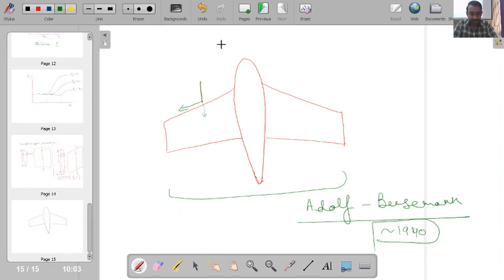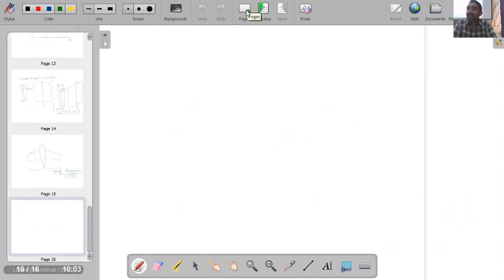Now we have one more thing in terms of potential flow analysis. If you recall earlier, I told you while we studied the two-dimensional flow over wedges that when we study the flow over a cone, it is of three-dimensional nature.